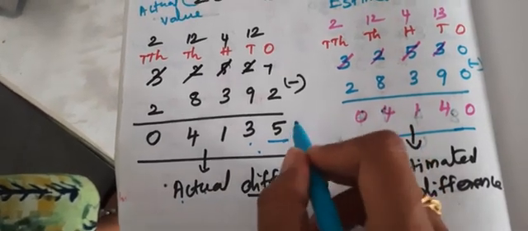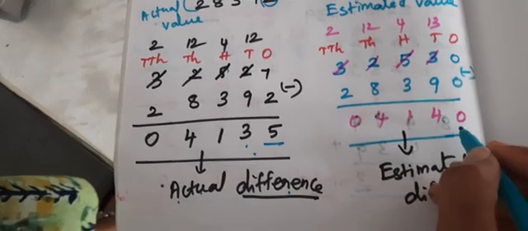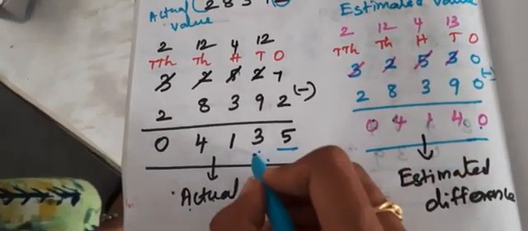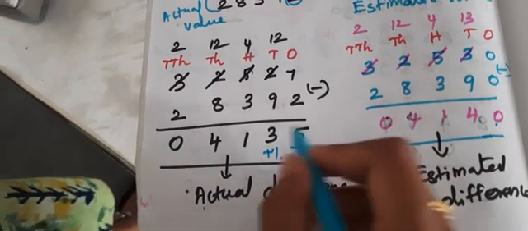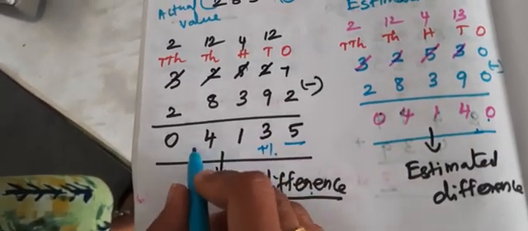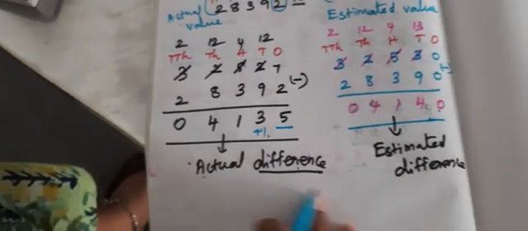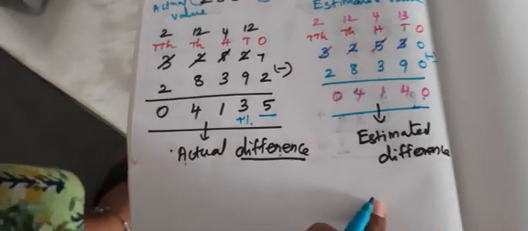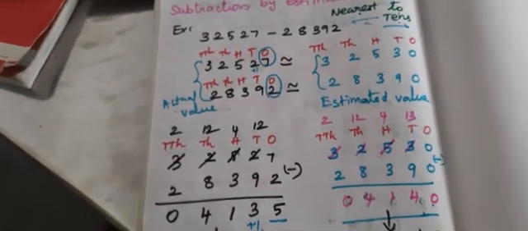It's a 5. 5 or more than 5 means we know the conditions. Yes, we have to put 0 in ones place and add 1 in tens place. Add means 3 is changed to 4. The remaining digits you have to write as it is. So your answer is correct. This is the way you have to verify, I mean check, the answer. Do you have any doubts in this?